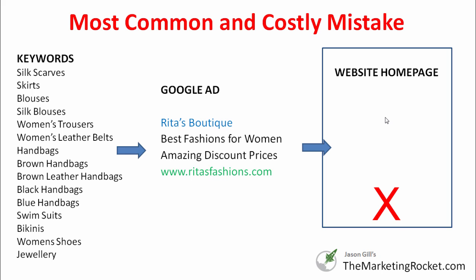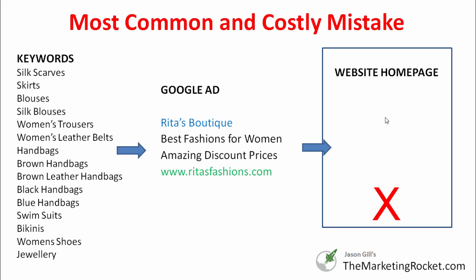A lot of them will say, a few of them maybe will say green silk scarves. The people that have done it right, their ads will say green silk scarves. And Rita's ad shows up, Rita's Boutique, okay, amongst other ads that say green silk scarves. But for whatever reason, this particular person clicks on Rita's ad.